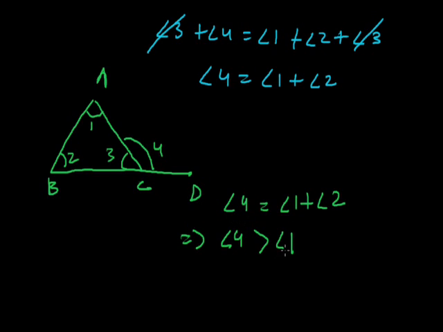So angle 1 is less than angle 4. Also we can conclude that angle 4 is greater than angle 2, since angle 1 needs to be added to angle 2 to become equal to angle 4. Therefore both these conditions are the conclusions from the exterior angle property.